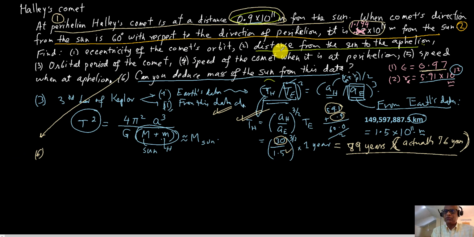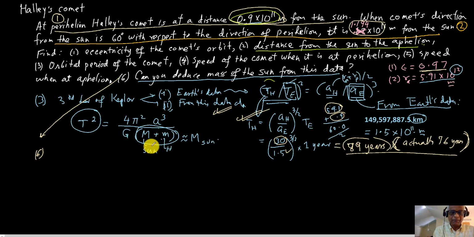Okay, so to do the 6, now if we got the period T, we can get the mass of the sun, and we all know what A is. A is 30 in these units, right? So for us, T is, I'm going to use 89 years, and all of this has to be converted into seconds.